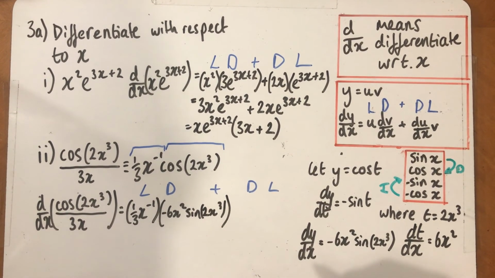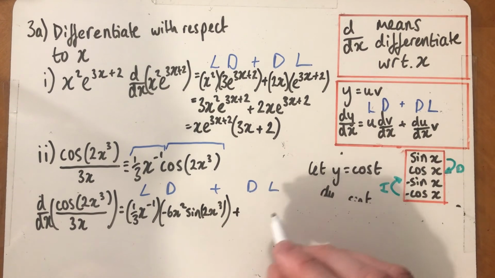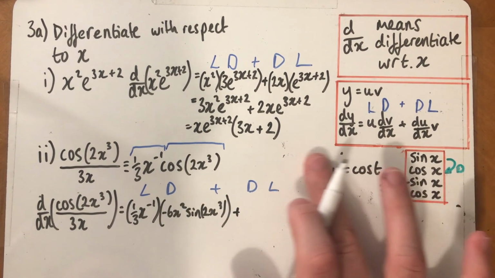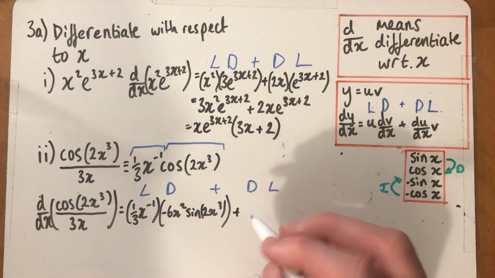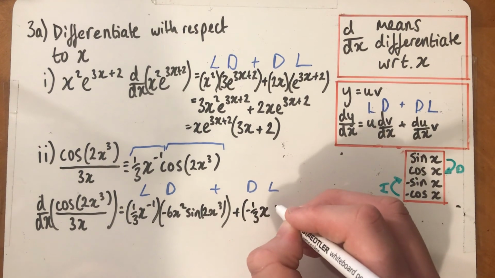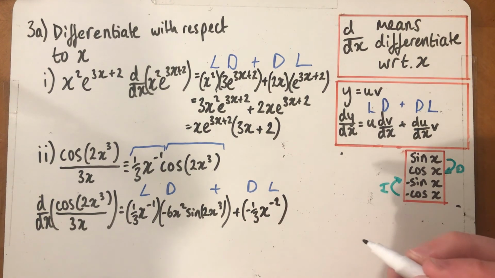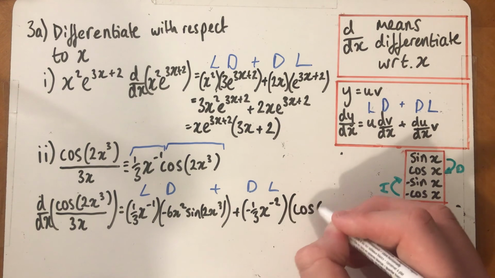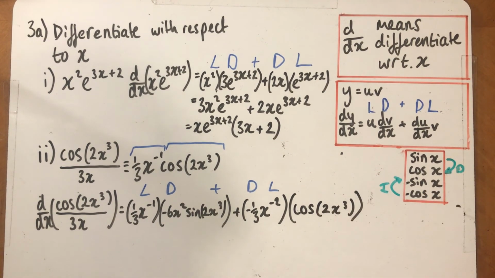Okay, then we simply plus the derivative of the first term. So a third x to the power of minus 1 simply differentiates to minus a third times by the power, x to the power of minus 2, minus 1 by the power. Okay, then we just leave the second term. So we times it by cos 2x cubed.